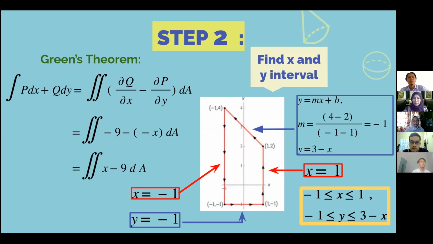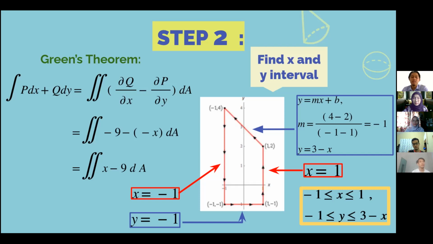We plug in the differentiation done in step 1 into this formula, and we get the double integral of negative 9 minus negative x dA. Lastly, we get the double integral of x minus 9 dA.